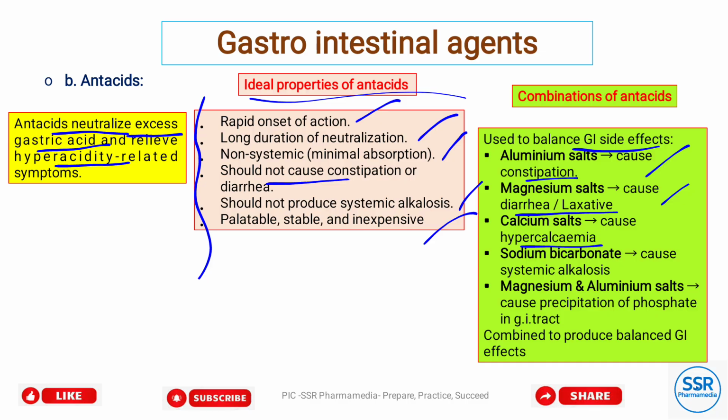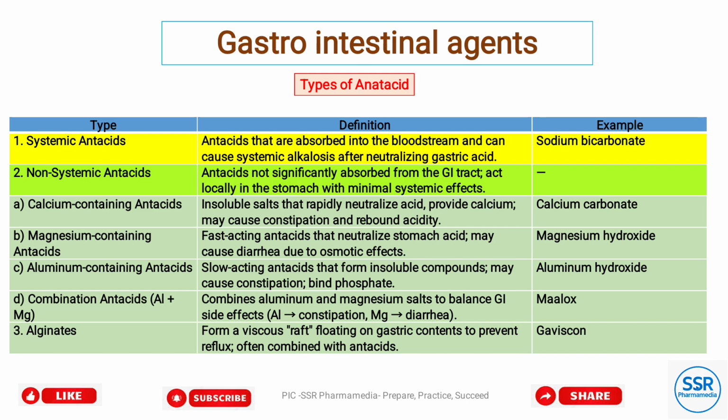Calcium causes hypercalcemia, and sodium bicarbonate causes systemic alkalosis. Magnesium and aluminum salts cause precipitation of phosphate in the GI tract. In order to prevent these effects, we use antacids in combination to produce a balanced GI effect. For that reason only, we go for combinations of antacids.